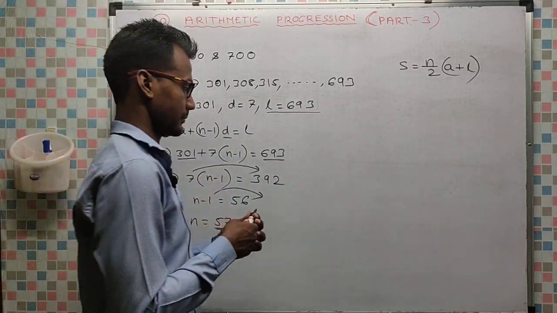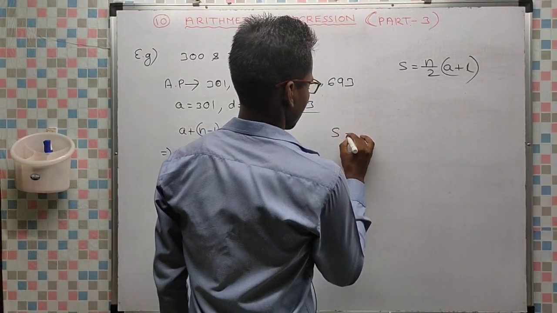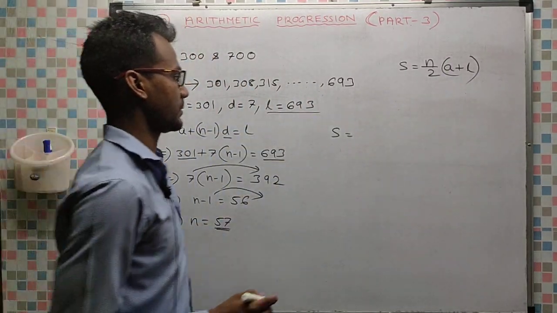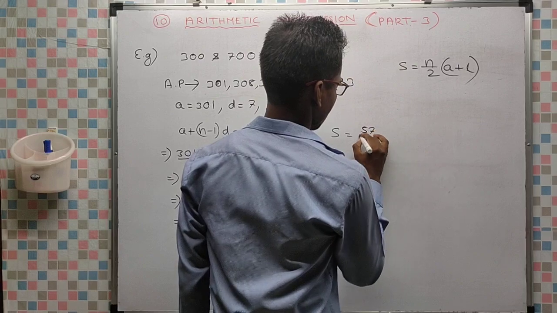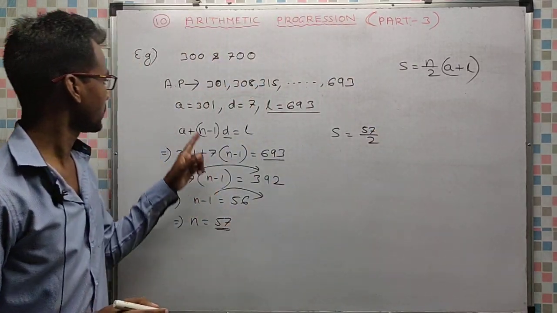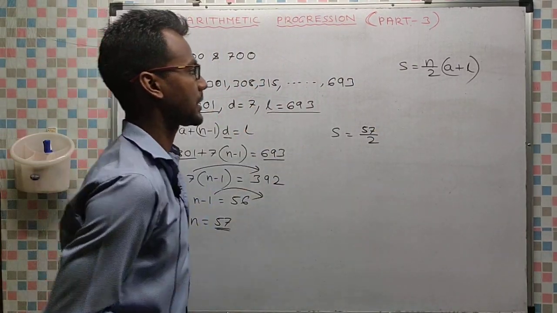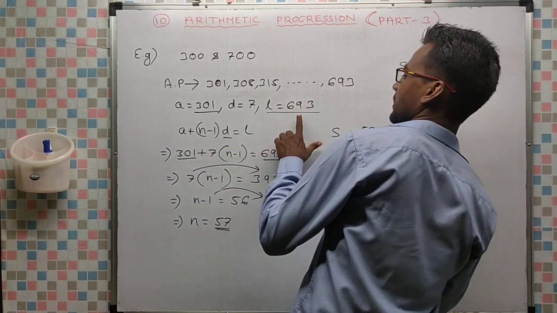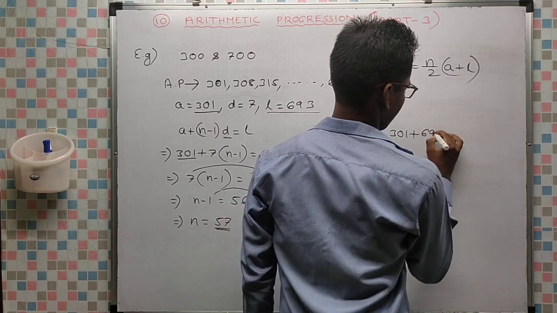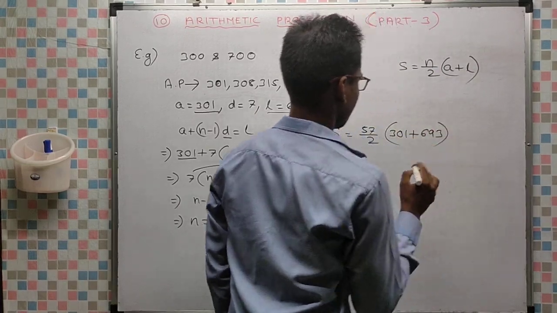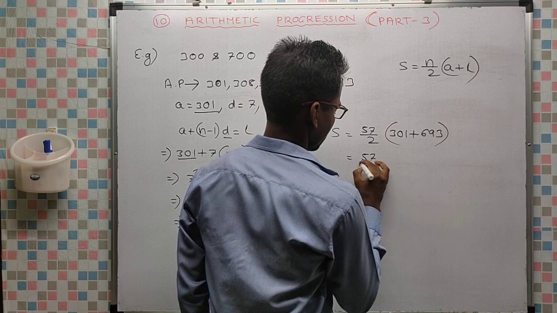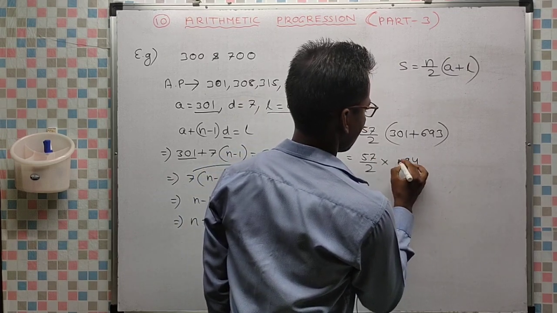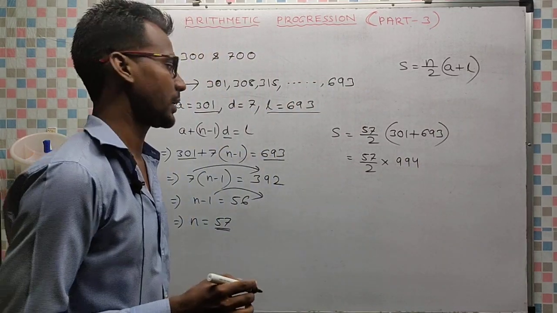Now we can go for the formula. So S is equal to n by 2 into A plus L. What is n? 57. So 57 by 2. What is A? 301. What is L? 693. The sum is 994.